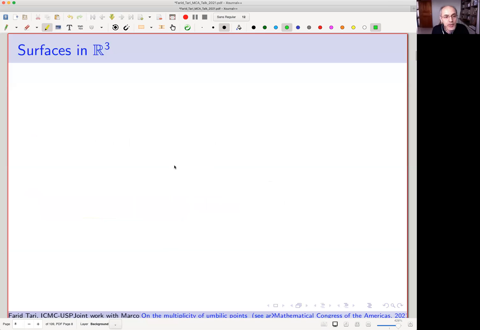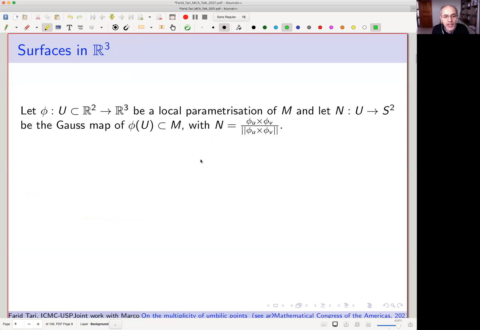So let's start with umbilic points first on surfaces in the Euclidean space. Let's take phi, a local parametrization of my surface, and N, the Gauss map of the piece of M given by the image of phi.